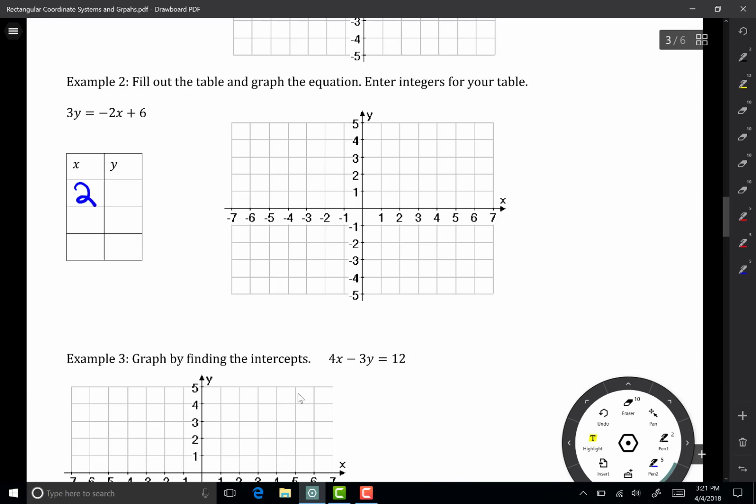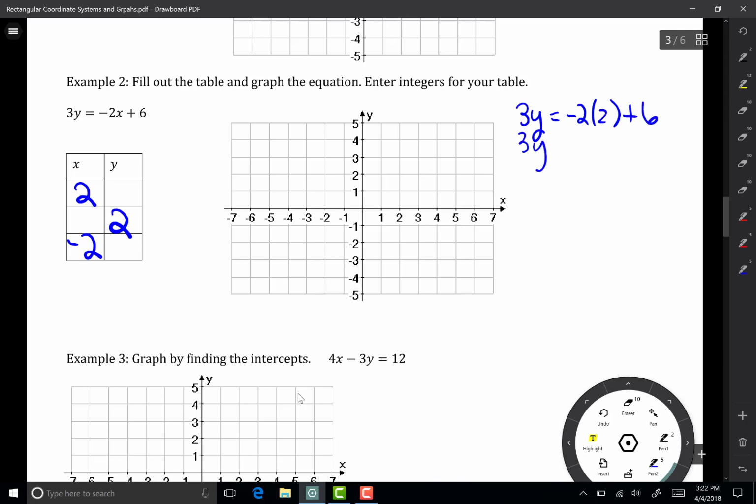Okay, for the next example, let's say I want to find the value of y when x is 2. I want to find the value of x when y is 2. And let's say I want to find the value of y when x is negative 2. So to find the value of y when x is 2, I'm going to replace x with 2. So I have 3y is equal to negative 2 times 2 plus 6.